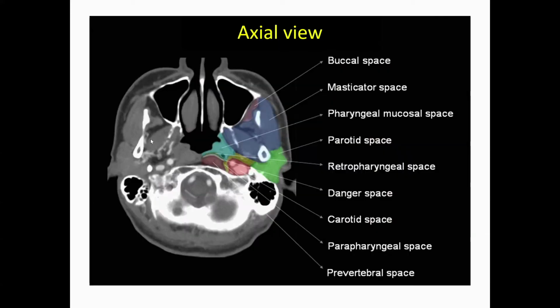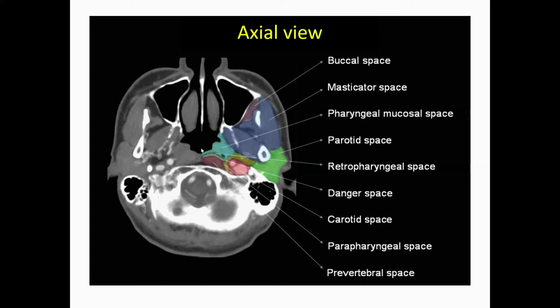And we need to know certain spaces. I want to make things very simple. We need to know what the pharyngeal mucosal space is. This is the pharyngeal mucosal space, and this is the light green. Sorry, this space is blue. So this is the lateral pharyngeal space.